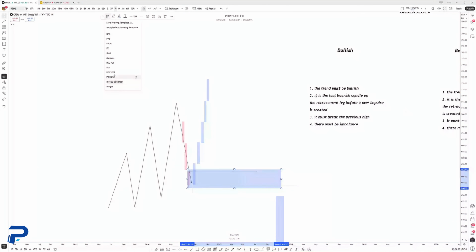So if you mark only this bearish candle, leaving out the wick of the bullish candle, who are you leaving it for? You must always mark your POI from the lowest point. Very important. You don't want to leave any details out. This is how you mark the POI.